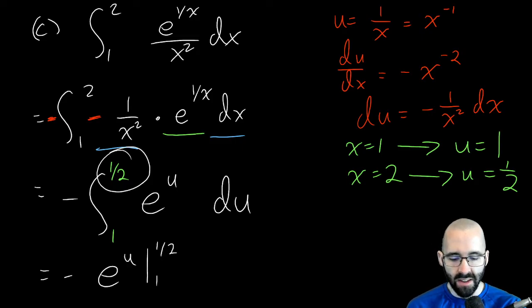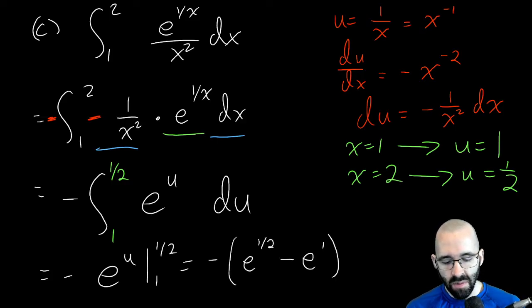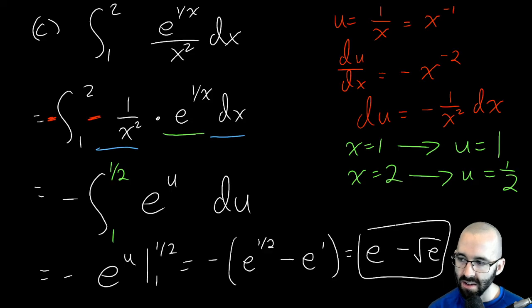Remember, we already updated these for u, so we don't have to go back to x. We get negative e to the 1/2 minus e to the 1. Make sure to distribute that negative. There's a couple ways of writing your answers, but I'm going to write this as e minus the square root of e. Distribute that negative, puts the e to the first power in the front with a positive. And exponent of 1/2 is just square root.